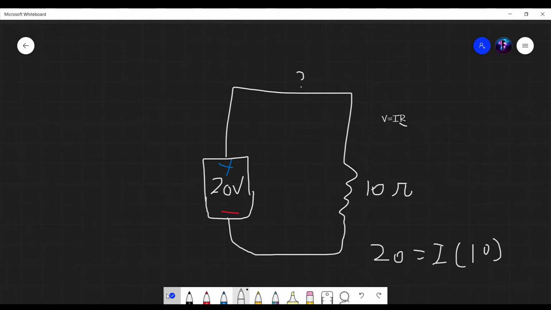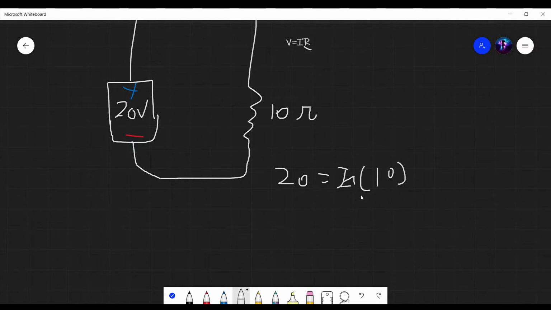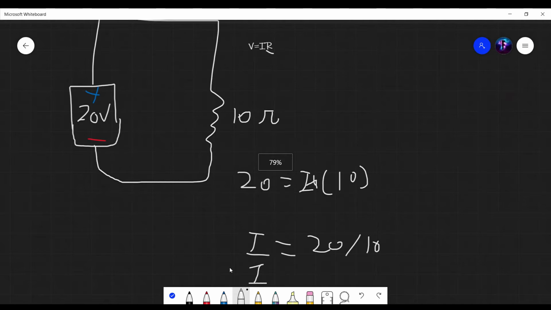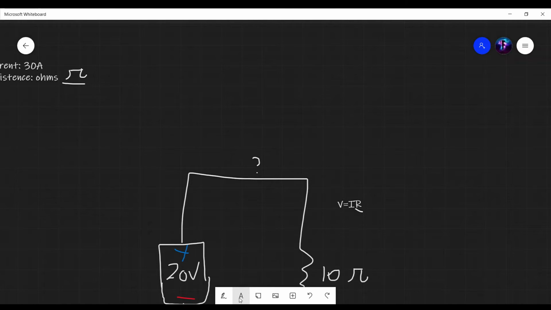Since it's a times, you're going to rearrange the formula, and it would turn into I equals 20 divided by 10. 20 divided by 10 is 2, so the current is 2 amps.